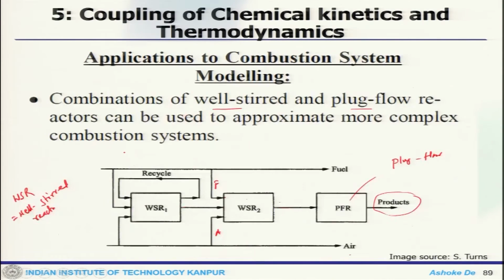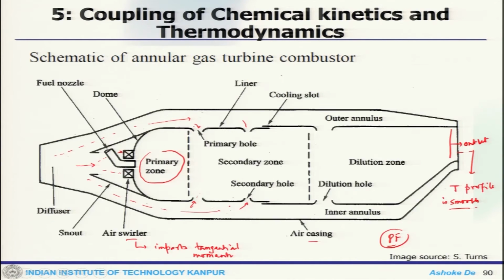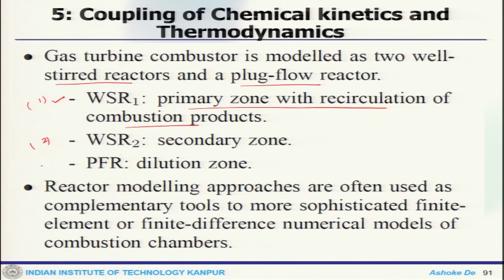So, if you go back to this schematic, this is where air comes in, fuel comes in. So, they react, and the recycling is essentially nothing but the swirling flow and recirculation bubbles bringing things back. So, this is one well stirred reactor, then you add some more fuel, and this is the second well stirred reactor, and finally, the plug flow reactor in the dilution zone.